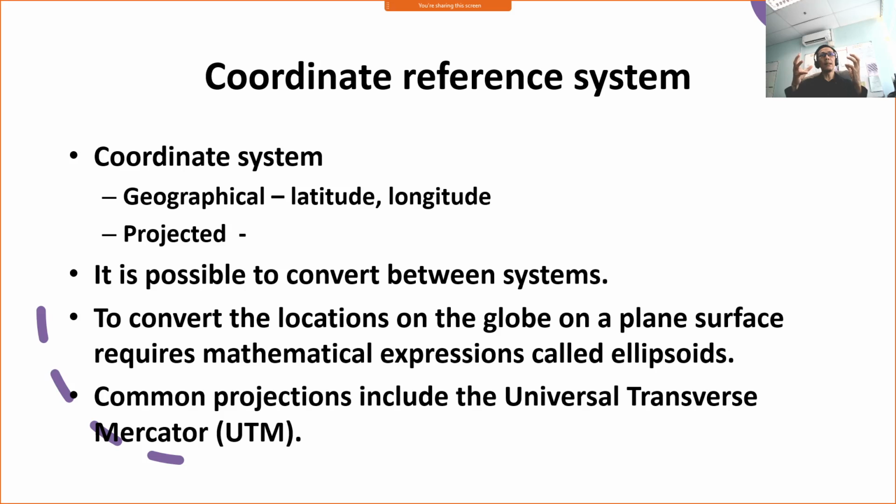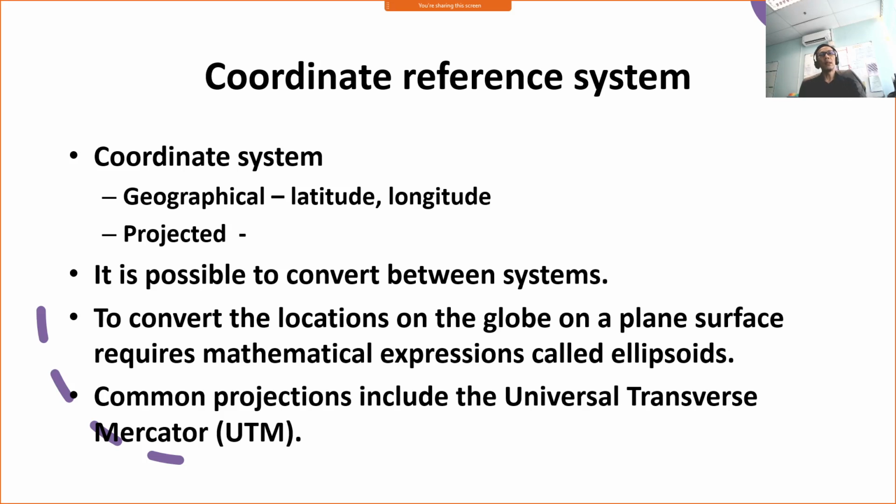It means the coordinate reference system when Earth is a sphere, bulat. And then when you need to flatten the Earth so that you can convert to a paper map or see it on the screen of your computer, flat kan, square tu, then you need to project the coordinate reference system. You need to project.